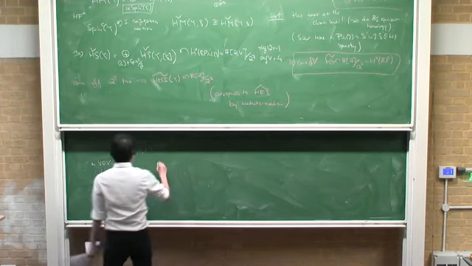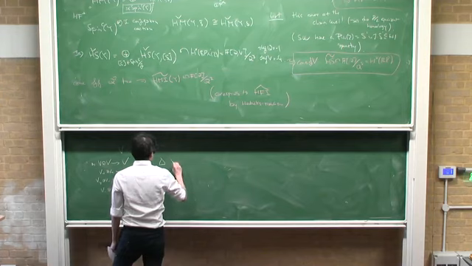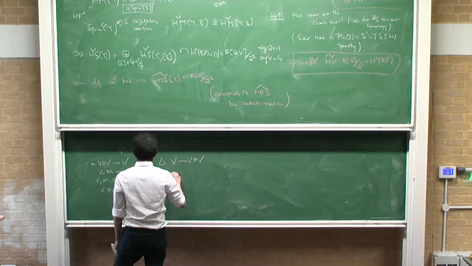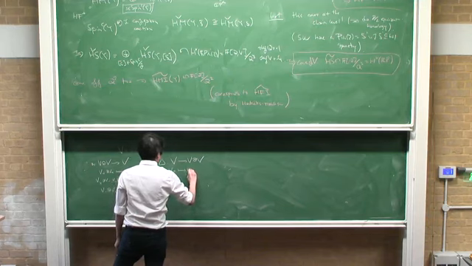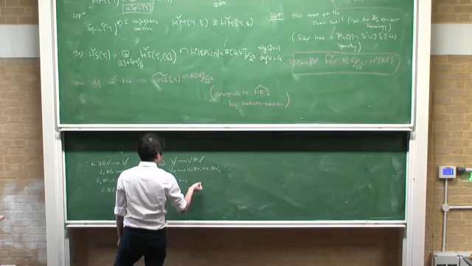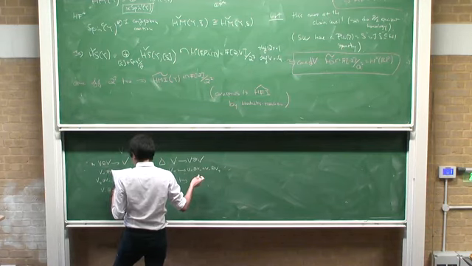Then there's the comultiplication, V to V tensor V, which sends V plus to V plus tensor V minus plus V minus tensor V plus, and V minus to V minus tensor V minus.